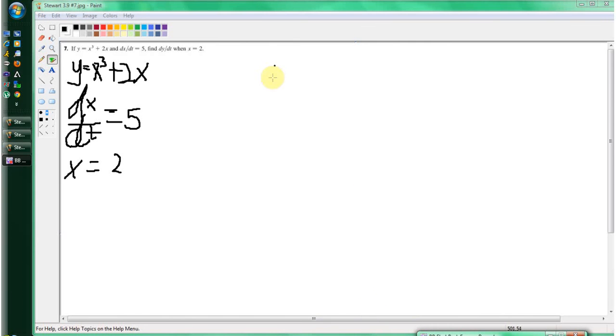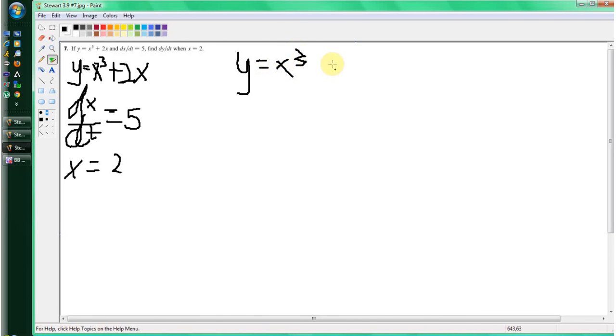So the first step would be to have the equation, and we would want to take the derivative of both sides.